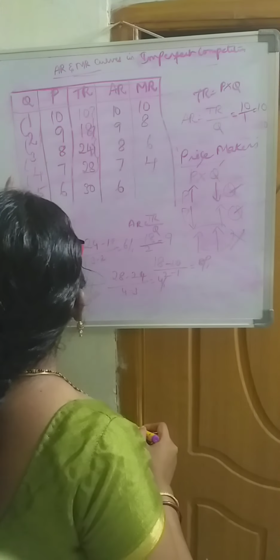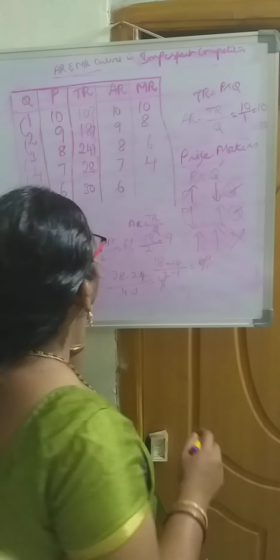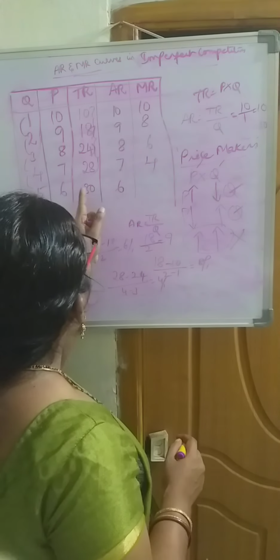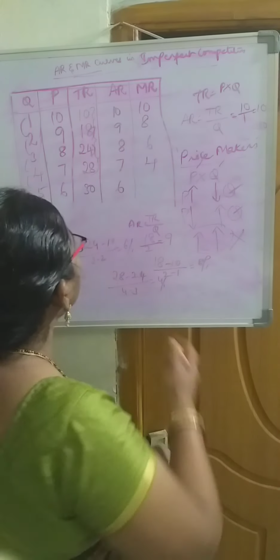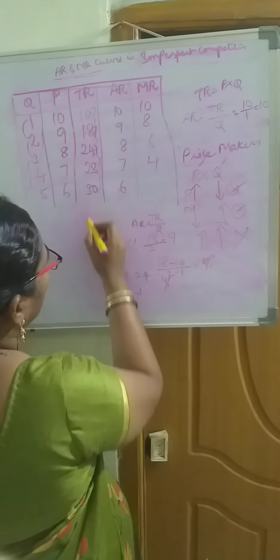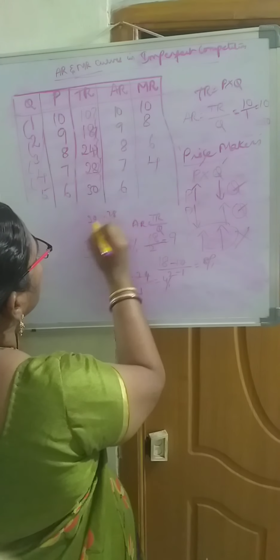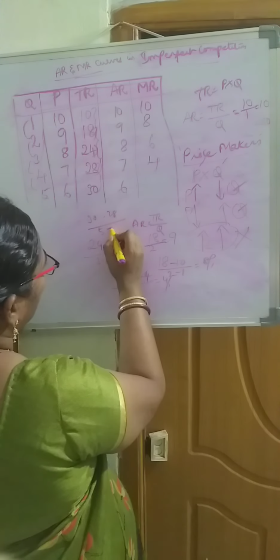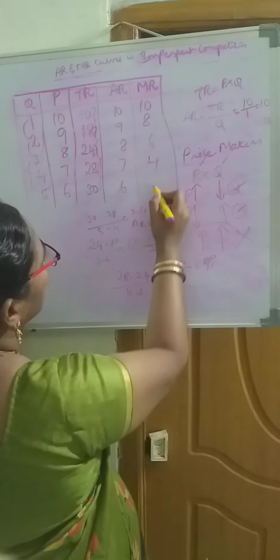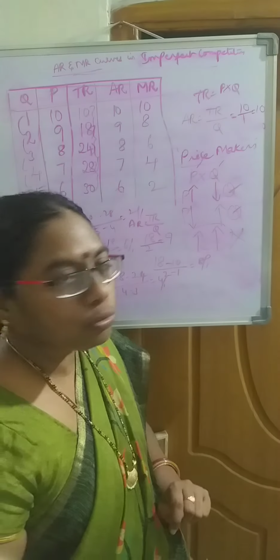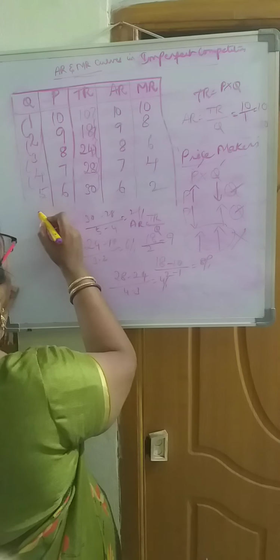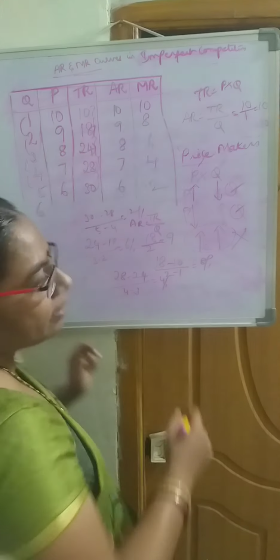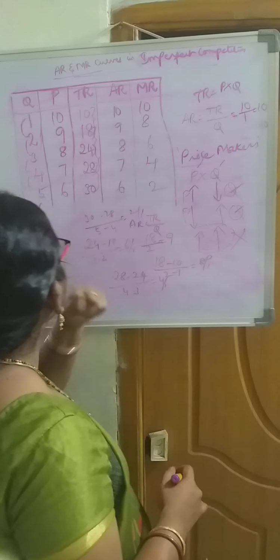Now, when the seller is selling the fifth item at 6 rupees, he is getting a total revenue of 30. What extra amount has he gained? 30 minus 28 by 5 minus 4, that is equal to 2. In this way, you can draw the AR and MR curves with the help of this table.